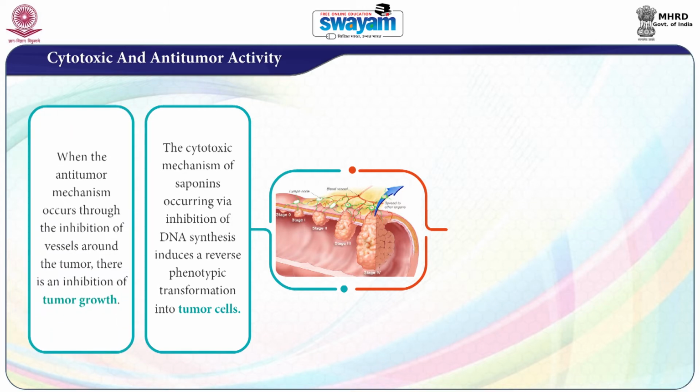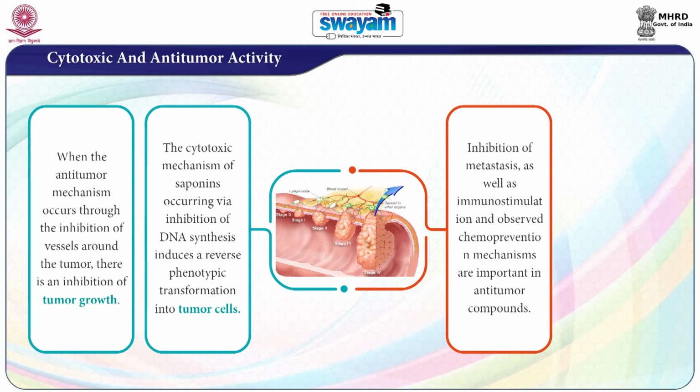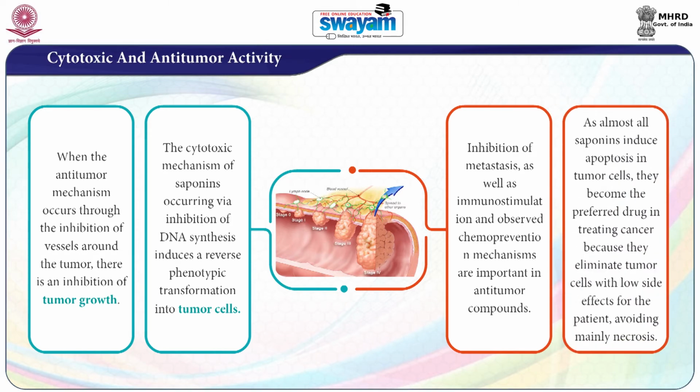When the anti-tumor mechanism occurs through inhibition of vessels around the tumor, there is an increased inhibition of tumor growth. Inhibition of metastasis as well as immunostimulation and observed chemoprevention mechanism are important in anti-tumor compounds, as almost all saponins induce apoptosis in tumor cells.